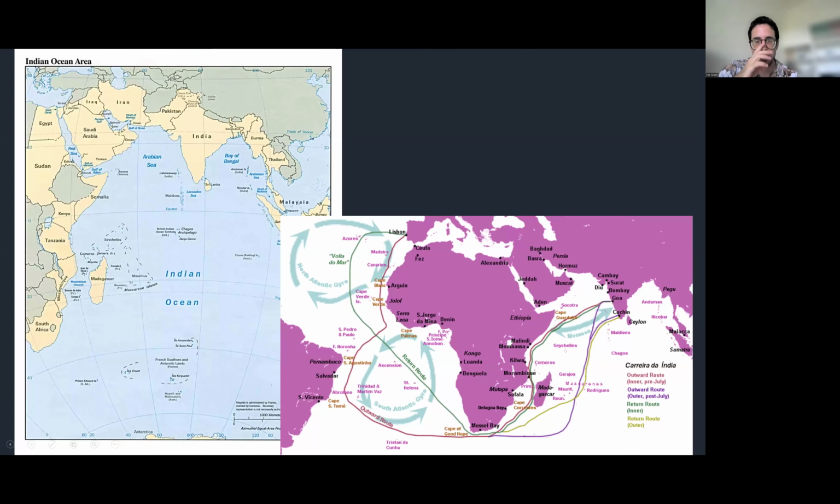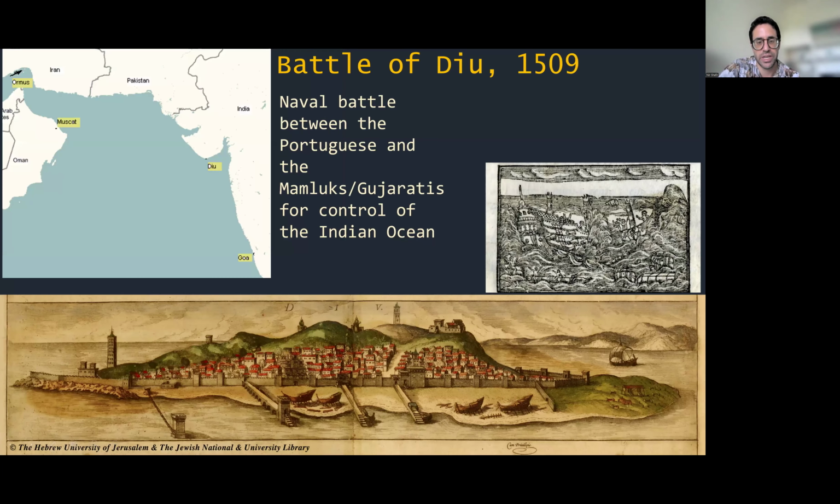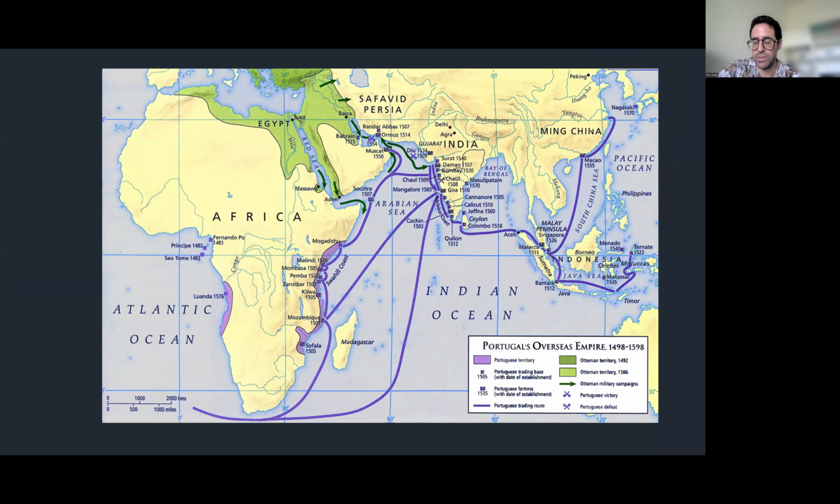Now, besides the fight between all these different global empires, there's other types of empires, one of which was the Portuguese, which we talked about. Here's the Portuguese overseas empire. They did not have massive land holdings.